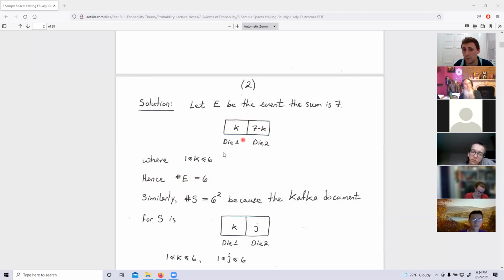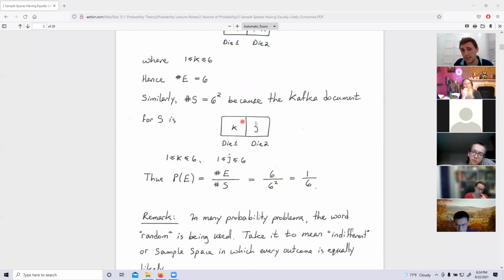I had this document for calculating the number of outcomes inside of the event E. Now, for the sample space, it's the same 2 boxes, but this number can be K, this number can be J, by the basic principle of counting. It's 6 times 6 or 6 squared. So the answer is 6 over 6 squared, or 1 over 6. That's the probability, right?